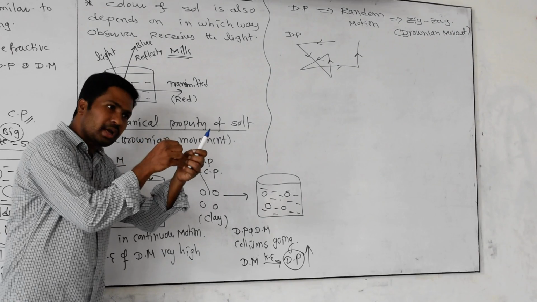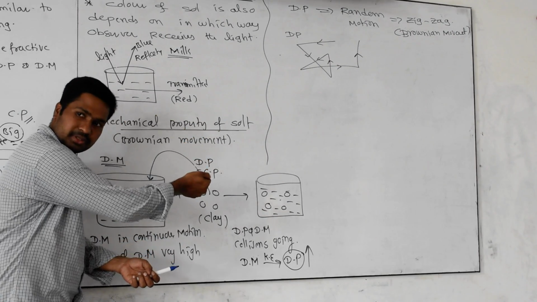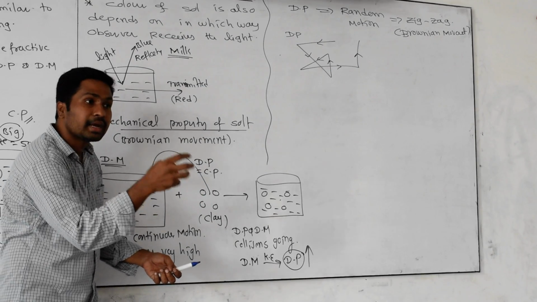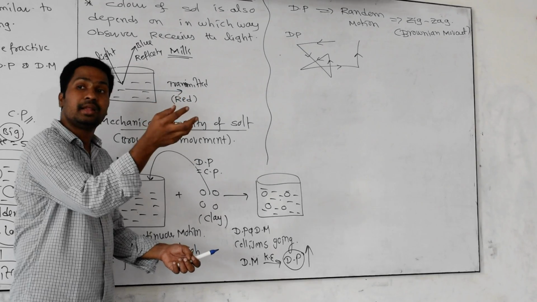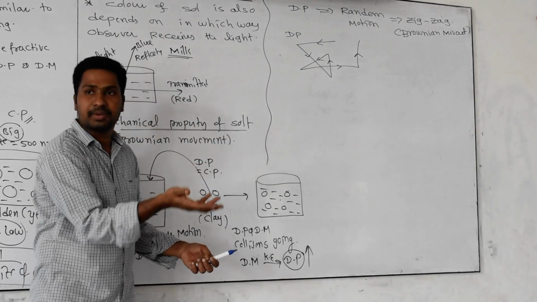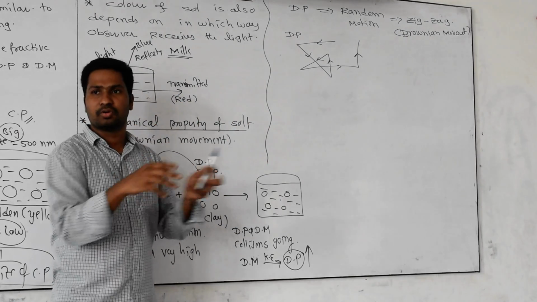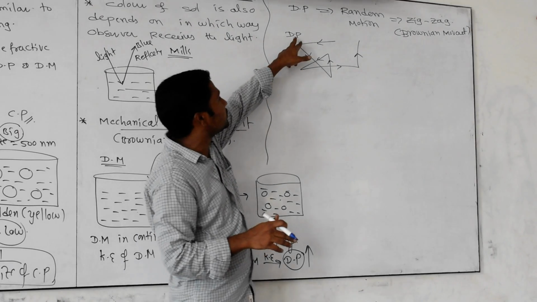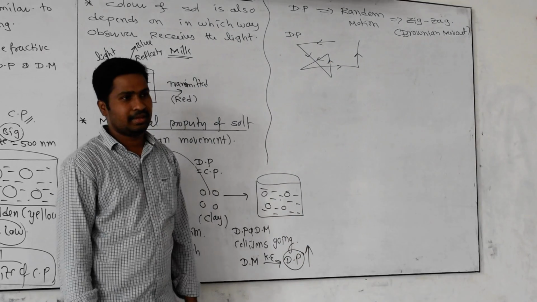In these collisions, kinetic energy will be transferred from the dispersion medium to the dispersed phase. Automatically the kinetic energy of the dispersed phase particles will increase. Then the dispersed phase particles will also start moving randomly, zigzag, with no proper direction. That's what we call zigzag motion, and specially Brownian movement.